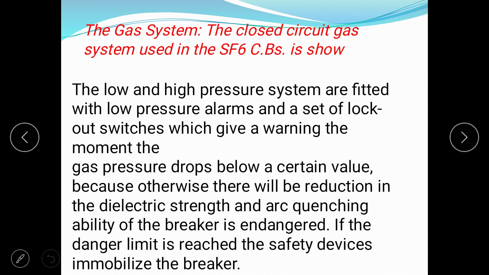The gas system is a closed circuit gas system which is used in an SF6 circuit breaker.